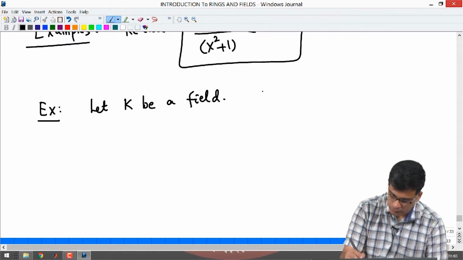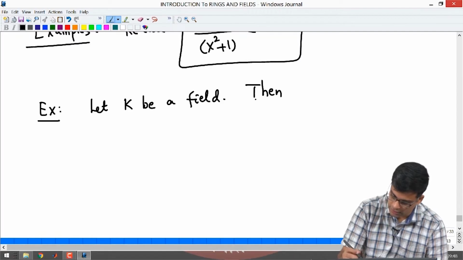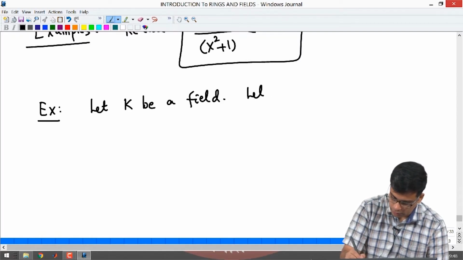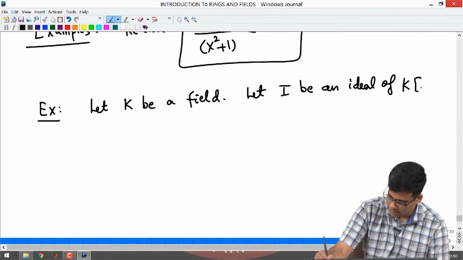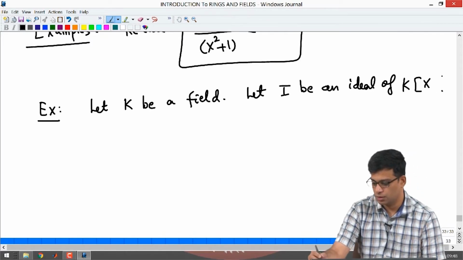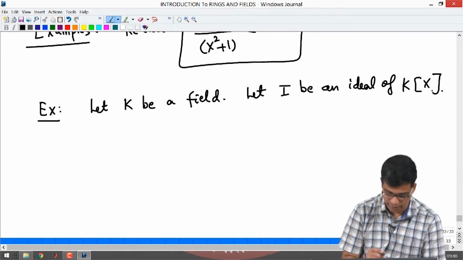Then let I be an ideal of K[x]. Remember, K[x] always stands for the polynomial ring over K in one variable.